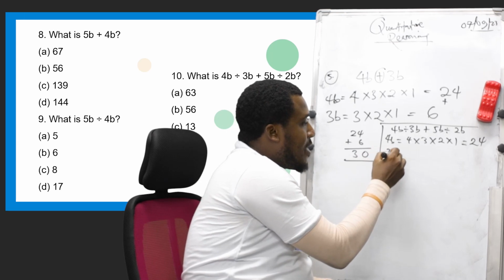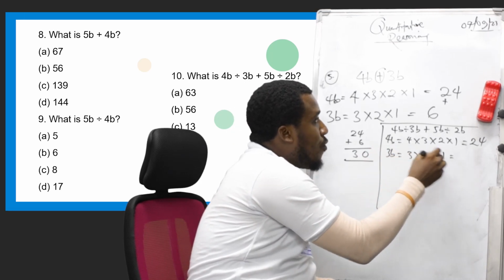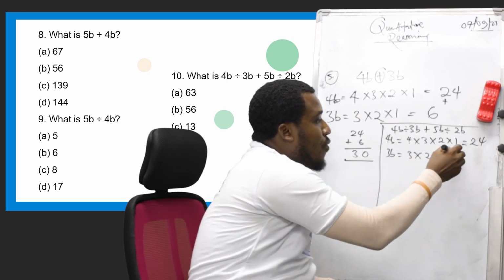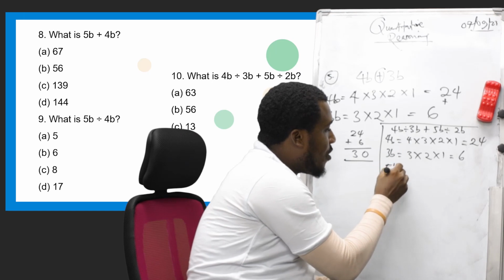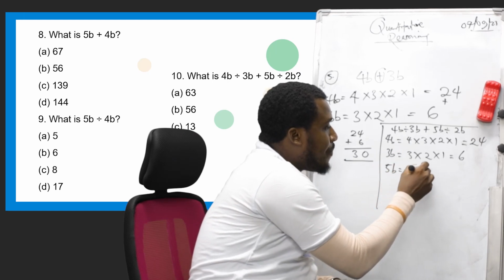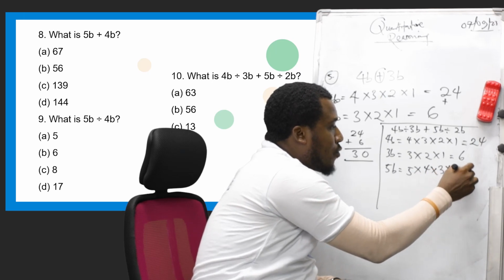Then 3b is 3 times 2 times 1, which we know is 6. Then 5b is 5 times 4 times 3 times 2 times 1.